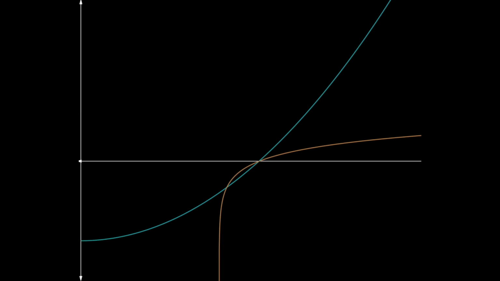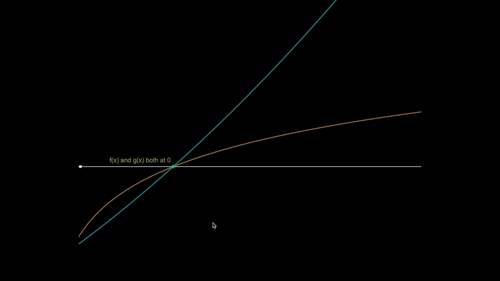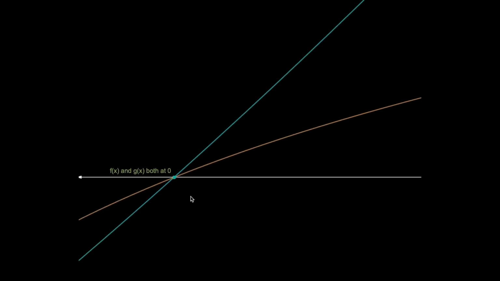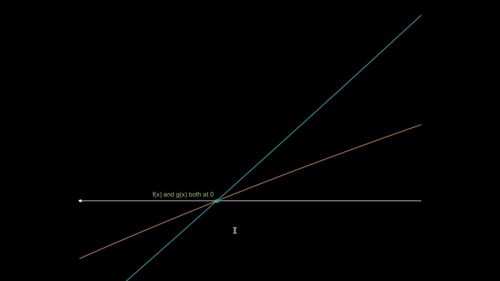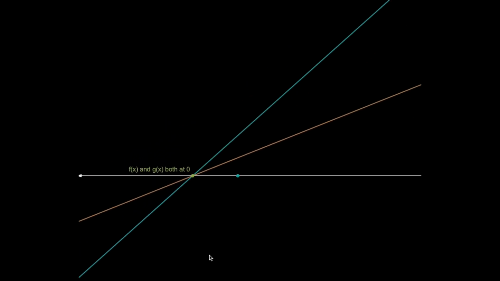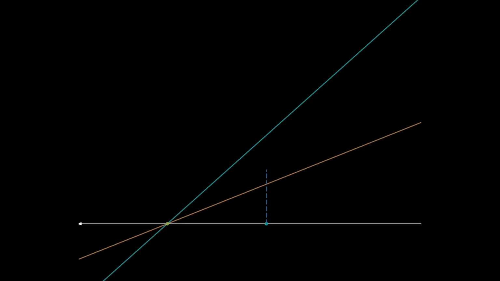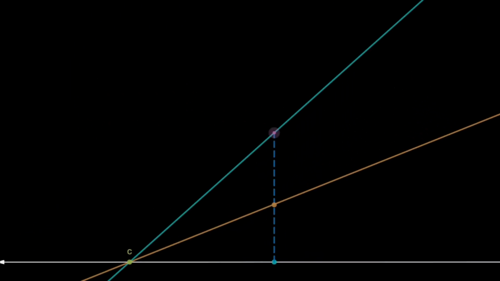F of x and g of x, where both of them are 0 at x equals c. Now, if we try to zoom in significantly, such that C and C1 seem somehow far enough apart, and curves f of x and g of x seem to be a straight line, we can draw two heights f of c1 and g of c1 at point c1.